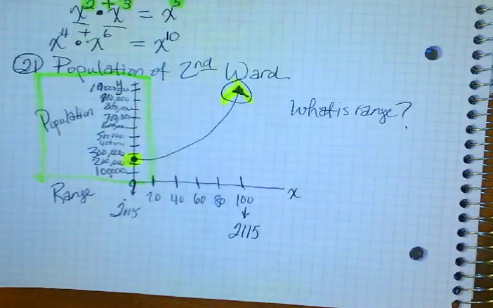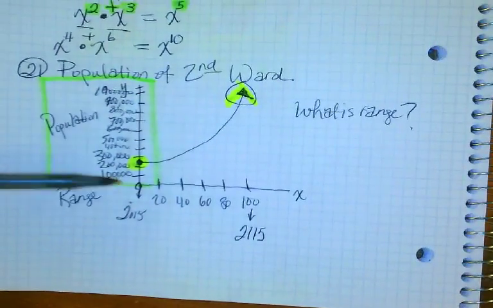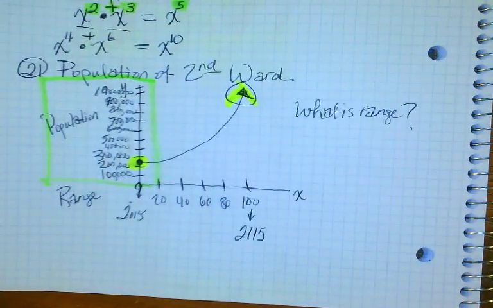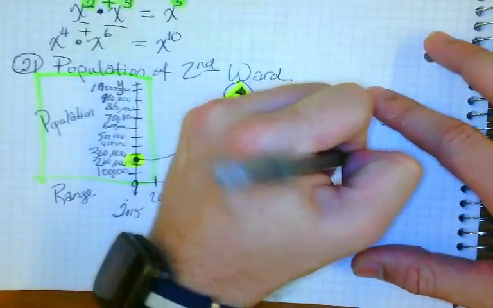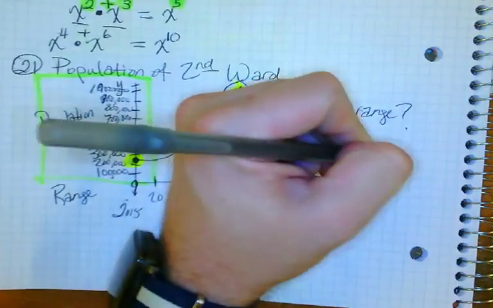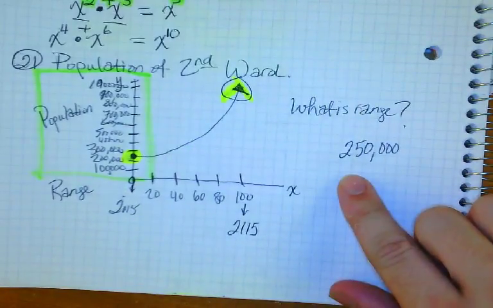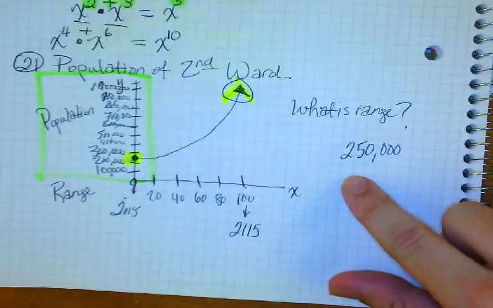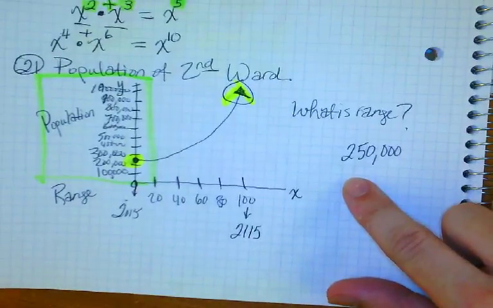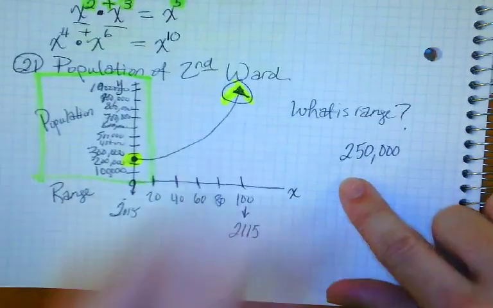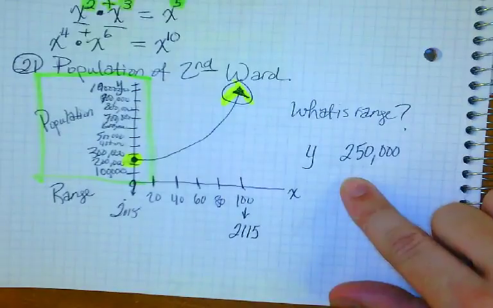What number do you start at on the y-axis? 250,000. Very good. Okay, so put that one down. He just gave us this first answer. 250,000 people. One more time, what axis is range on? X or Y? No, Y. Perfect. So put your Y here.